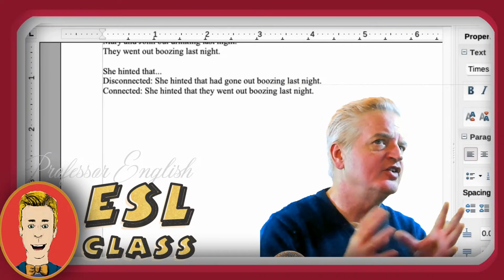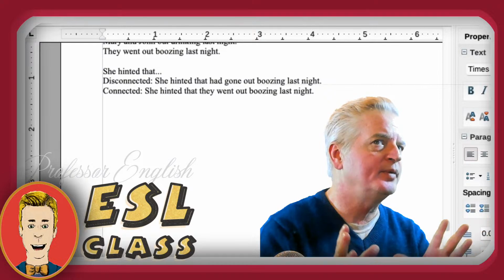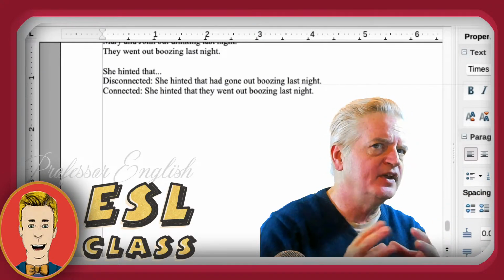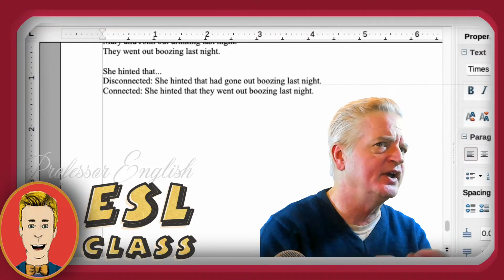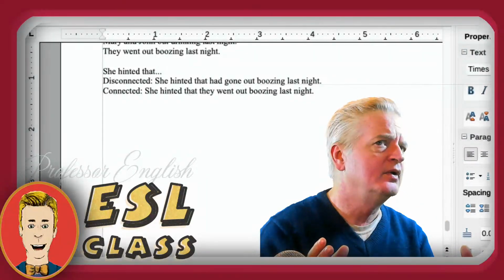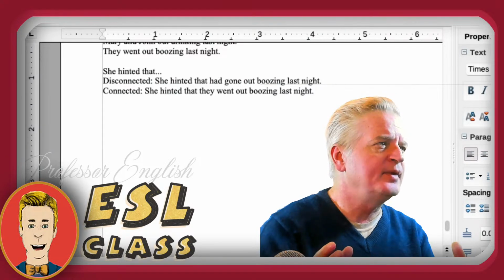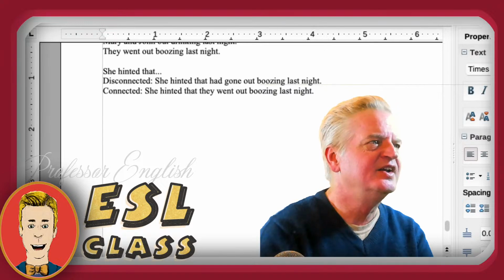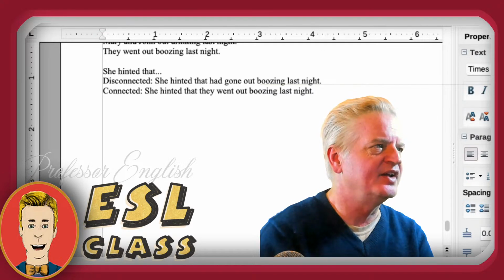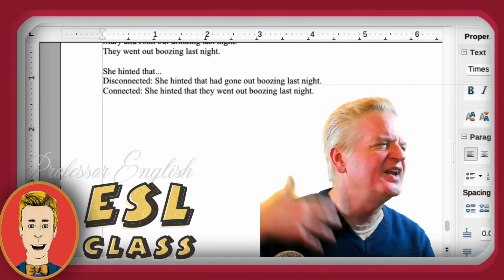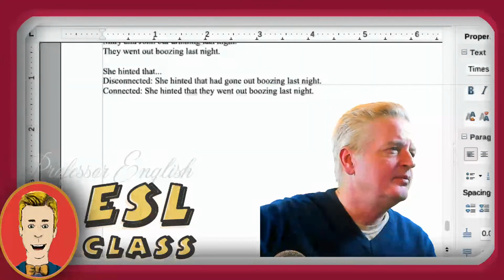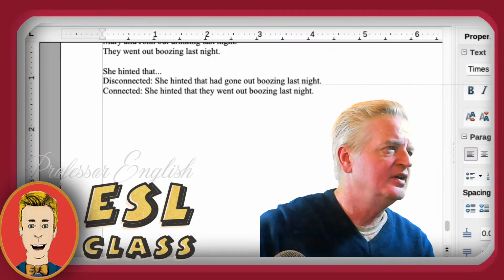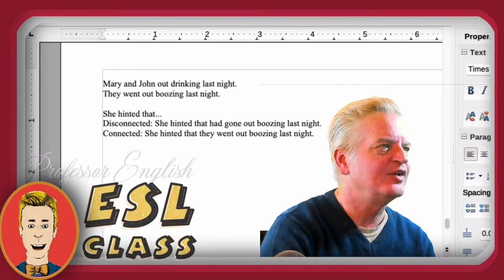The official explanation in a grammar book is that you do the connected one when something is very recent, or it's always true. But what I mean by connected is if you're experiencing it in the moment, then you can say she hinted that they went out boozing last night. But if you're saying it many hours later, you probably would say number 2. You have no connection to the situation. She hinted that they had gone out boozing last night.